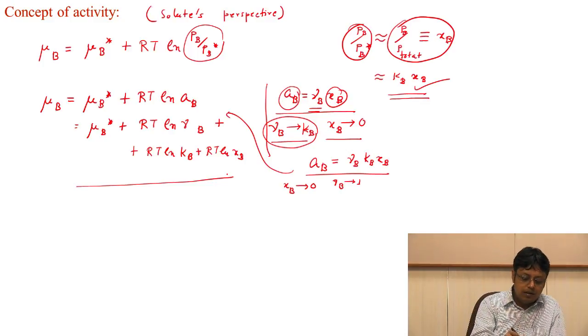Actually you have only one situation, but you are looking at it from two perspectives: one is the solvent's perspective and the other is the solute's perspective. And we already said that when we have an ideal solution, let me again write it. Ideal solution means which will show some ideal behavior.